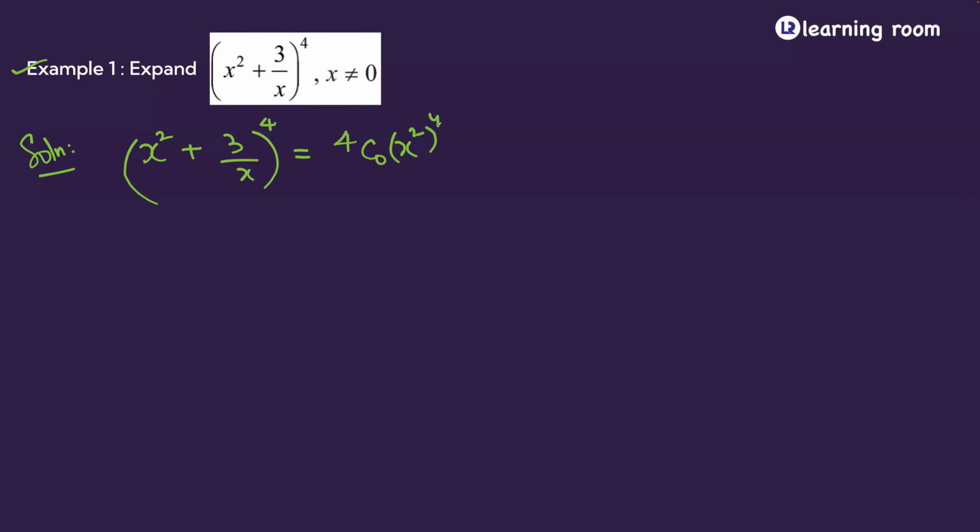A raised to the power 4 plus 4c1, the first term raised to the power 3 and the second term, that is 3 by x raised to the power 1. I hope you are able to understand this.